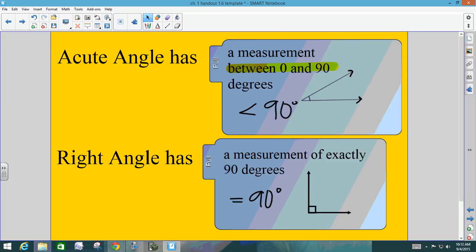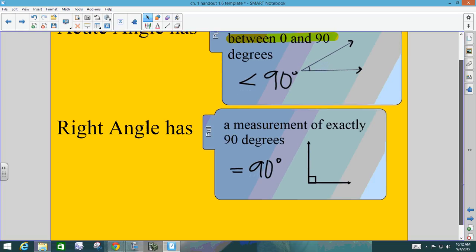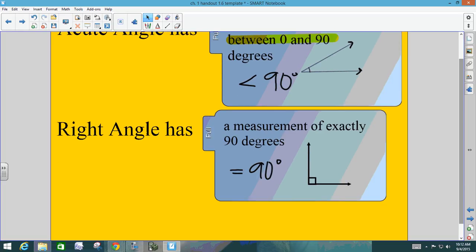A right angle will always equal 90 degrees. When you have a right angle, not very often they'll put the number 90 in there. They will just put this little symbol here to form a nice square, because squares have 90 degrees. So this is your right angle symbol, the little half square there to make a whole square.